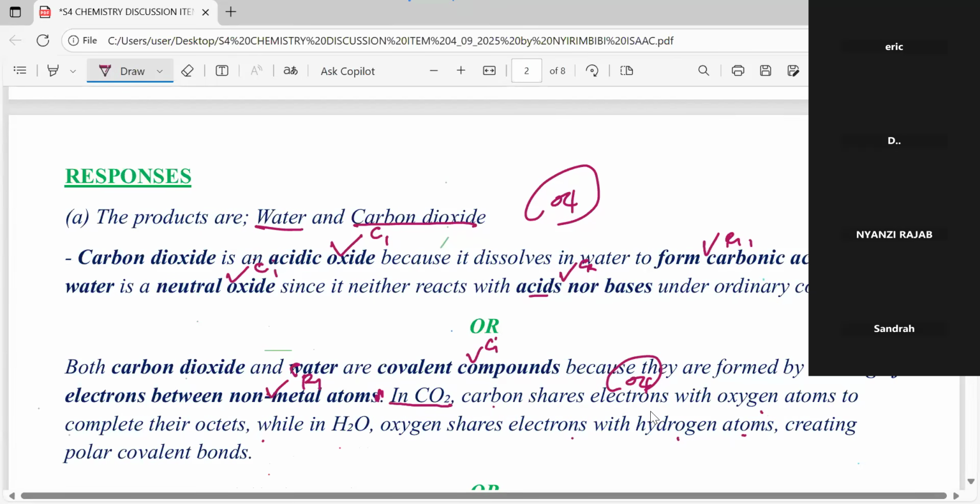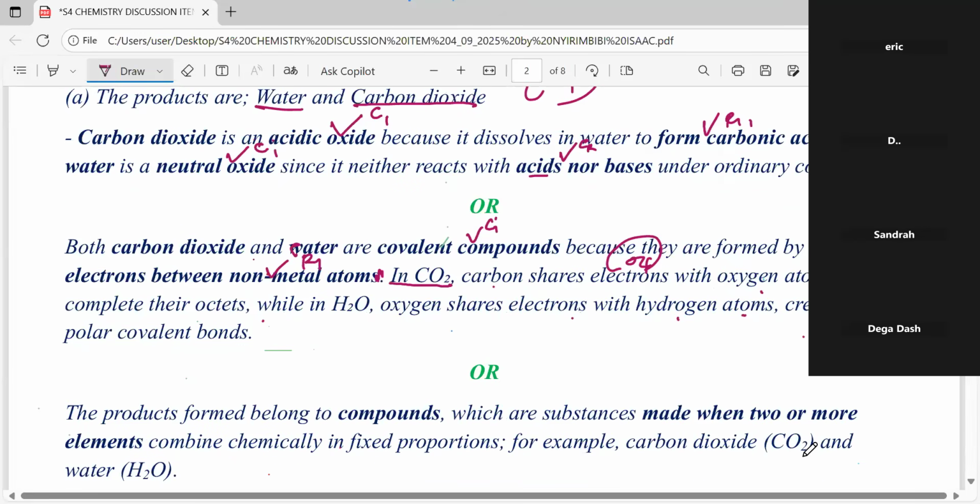Then there's also another one I tried to put here before. Another learner can say that the products formed belong to compounds. Are you seeing that?